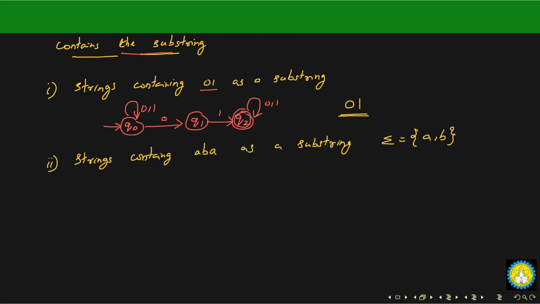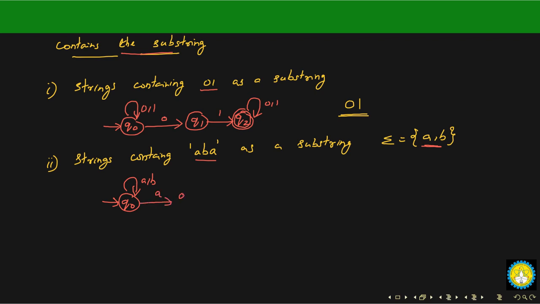This is also a very similar question: strings containing ABA as a substring, where the alphabet set is A, B. You start at Q0, and from there you can see anything, A or B. In between, you can proceed further.